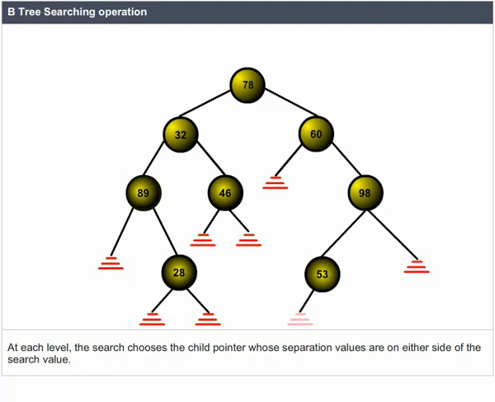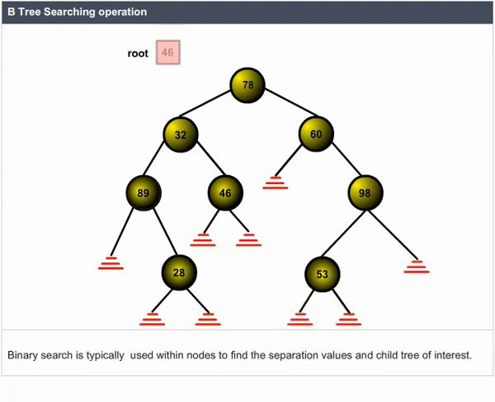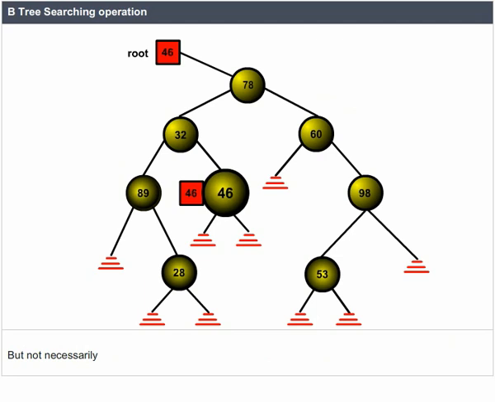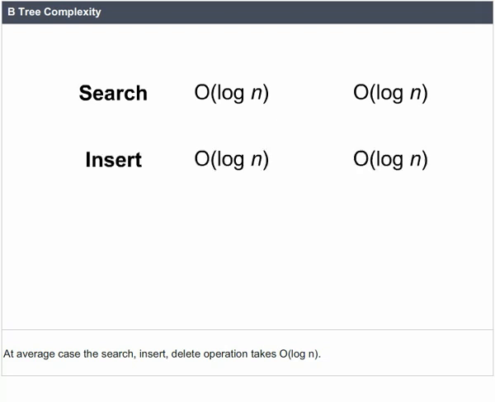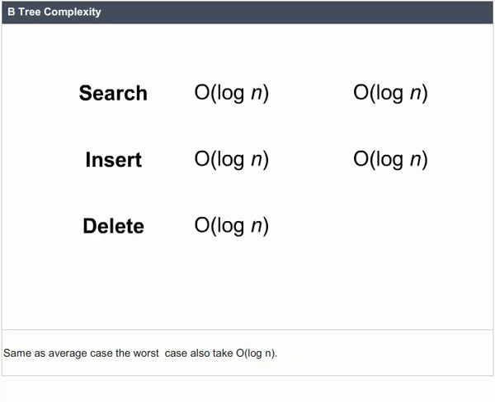Binary search is typically used with the nodes to find the separation values and child tree of interest, but not necessarily. B-tree complexity. At average case, the search, insert, delete operation takes O of log n. Same as the average case, the worst case also takes O of log n.